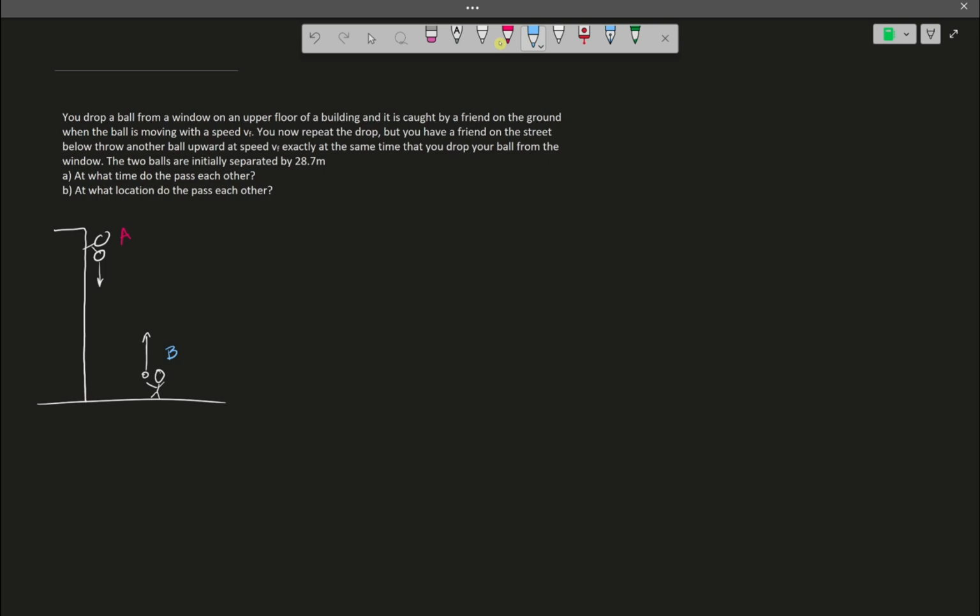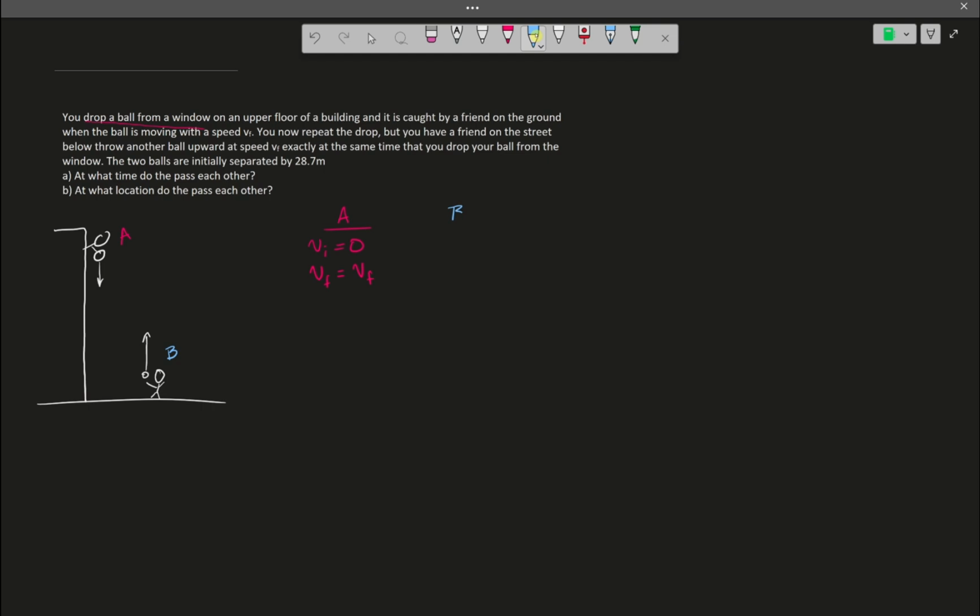So, for ball A, I know that I drop the ball from the window. So this means that its initial velocity is going to be 0, because I'm dropping it, I'm not throwing it, and its final velocity is going to be VF.